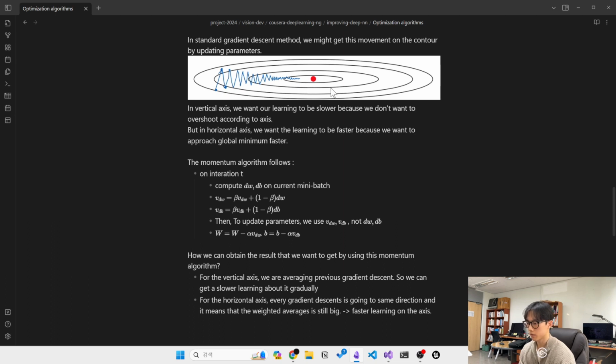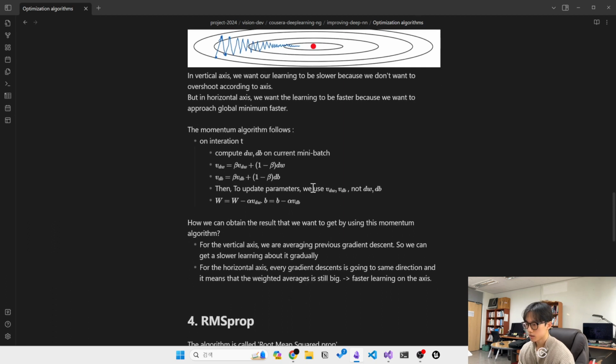So the momentum algorithm follows that we compute v dW based on the dW we get from backpropagation, and also v db based on the db.